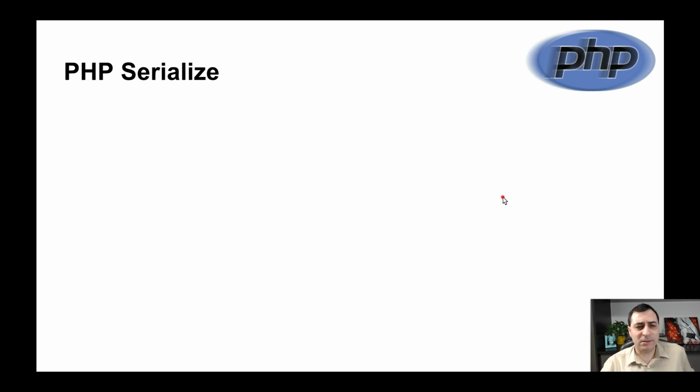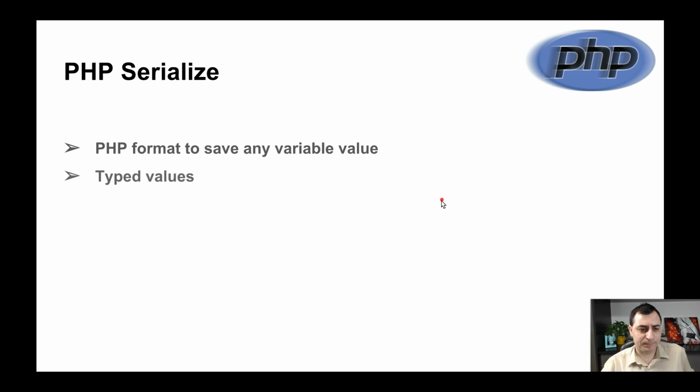Another format that is not exactly used for storing configuration values, but rather to store variables in a way that PHP can read back from a string, is the PHP serialized format. So we can use this format to save any variable value in PHP. It supports typed values.